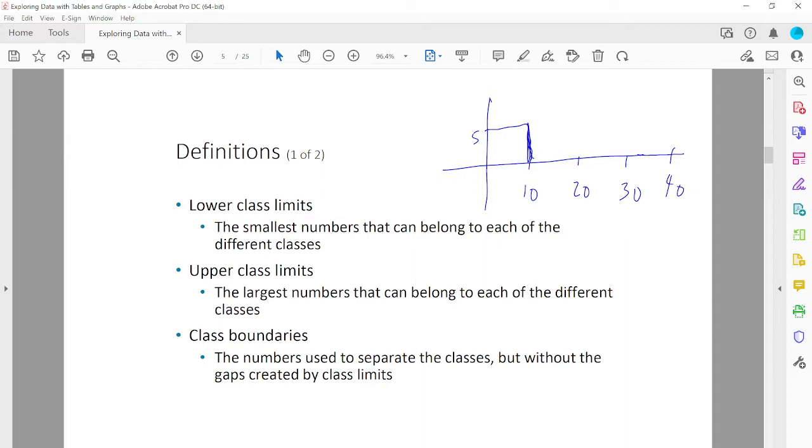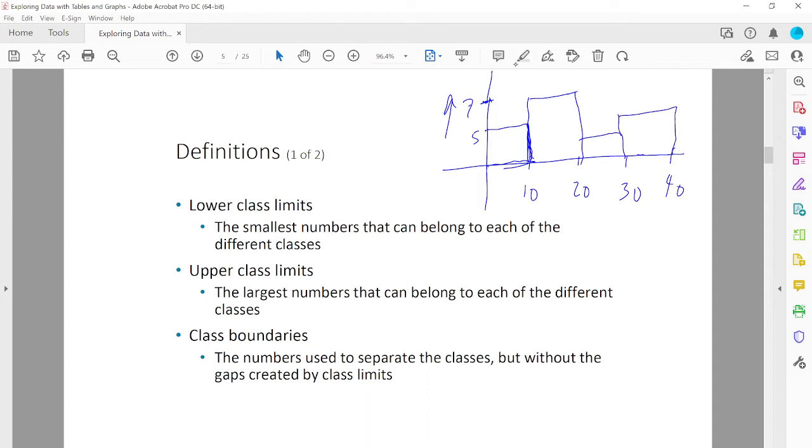And we can just write down the frequency on the y-axis here, and then the data interval on the x-axis here. So let's say from 10 to 20, the number of data is, for example, 7. So the value on the y-axis represents the frequency of data that belongs to this interval from 10 to 20, and we can keep going like that for 20 to 30 and 30 to 40.